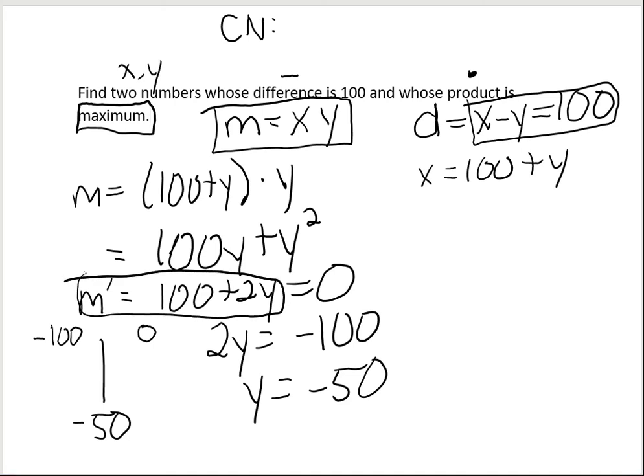What do you get? 100 plus 2 times negative 100. It's going to be negative. And if you plug in 0, you get positive 100. So this is a minimum. So negative 50 is going to be our critical value. Okay.